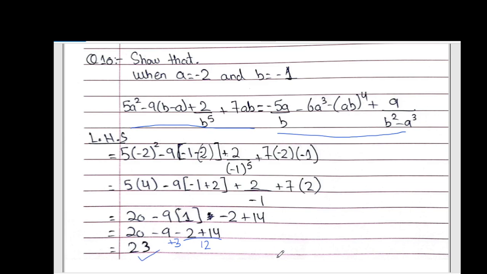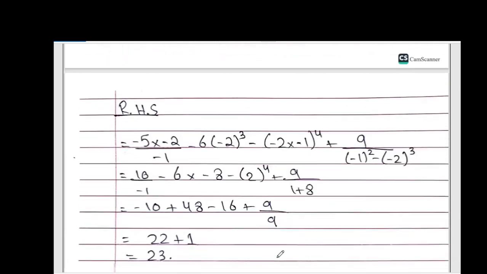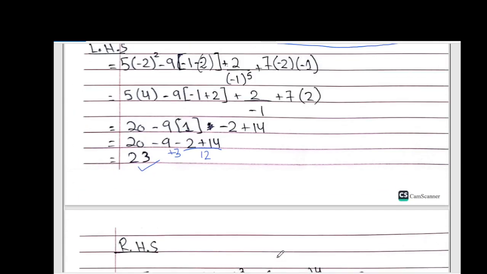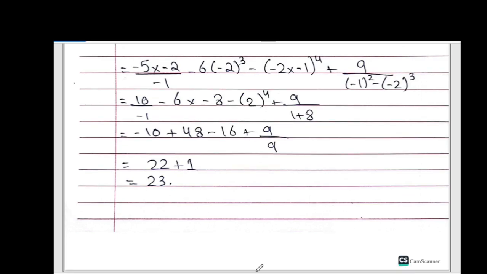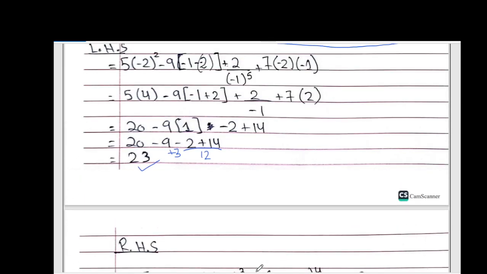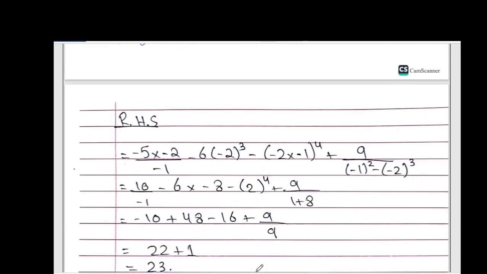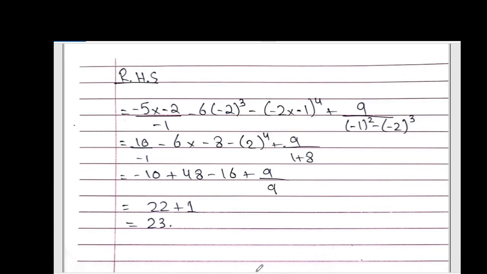Now we'll see whether the answer from the right hand side is also 23 or not. On our right hand side, minus 5 into minus 2 divided by minus 1, then minus 6 into minus 2 cubed, then minus minus 2 multiplied by minus 1 power 4, plus 9 over minus 1 squared minus minus 2 cubed.